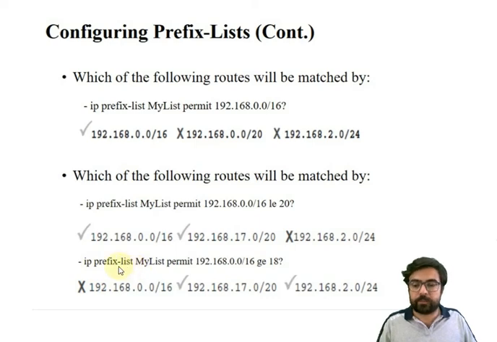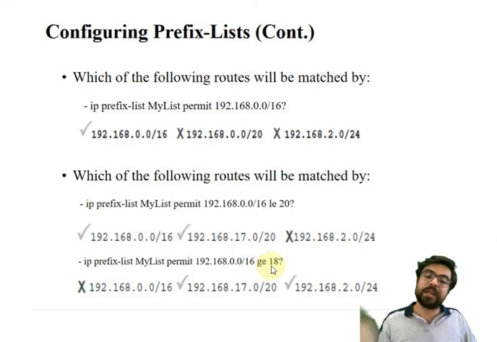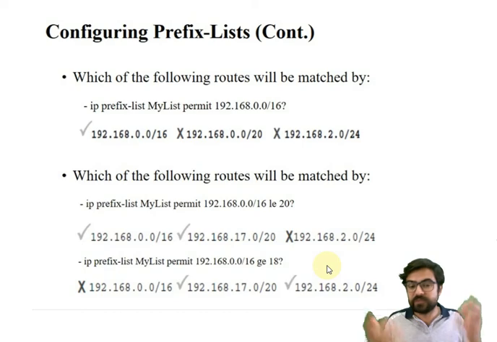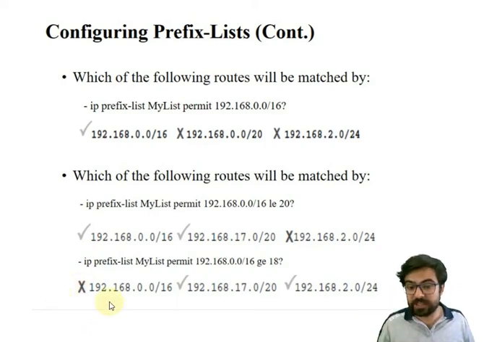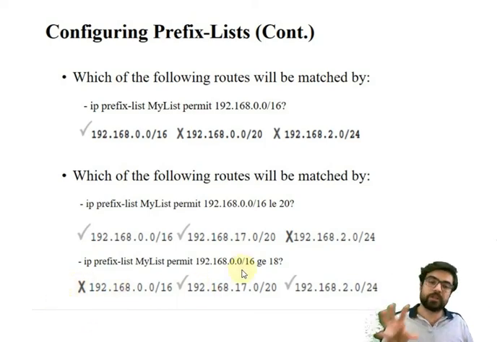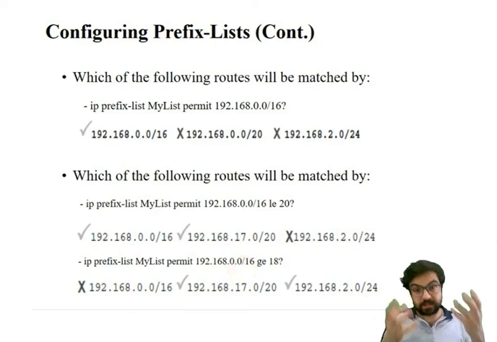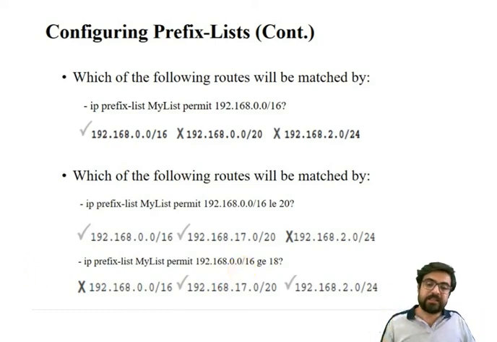Or ip prefix-list my list permit 192.168.0.0/16 greater than 18. Maybe at first glance it is weird, because you're going to say 192.168.0.0/16, but greater than 18. Even that specific network is not permitted. But this is the concept that you can work with. You can change the subnets. This is your main network, but you can do the manipulation.